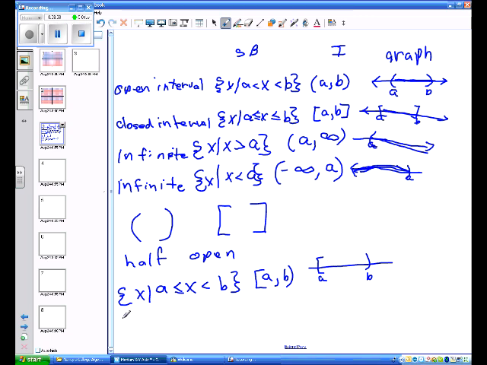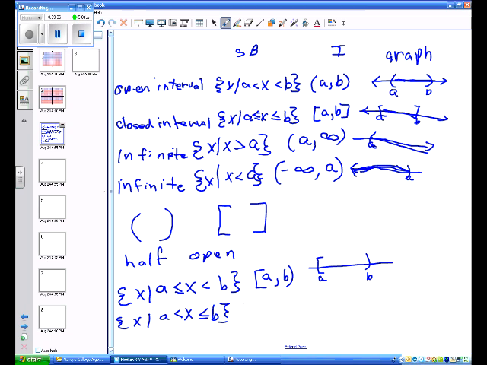Another example of a half open: all x's such that, maybe it doesn't include the A, but it does include the B. Then it would just be the other way around.